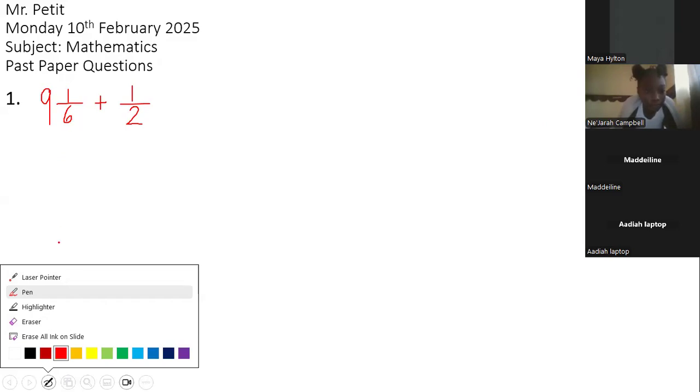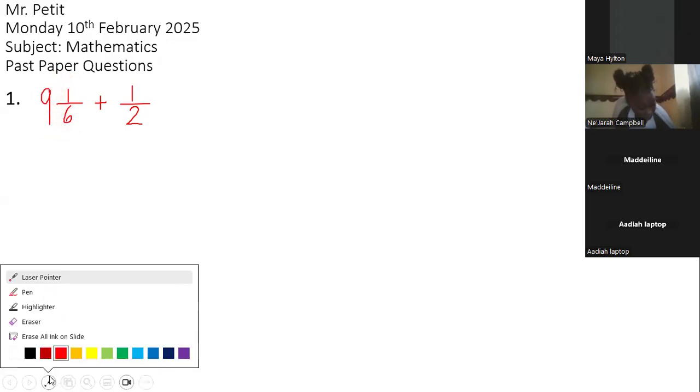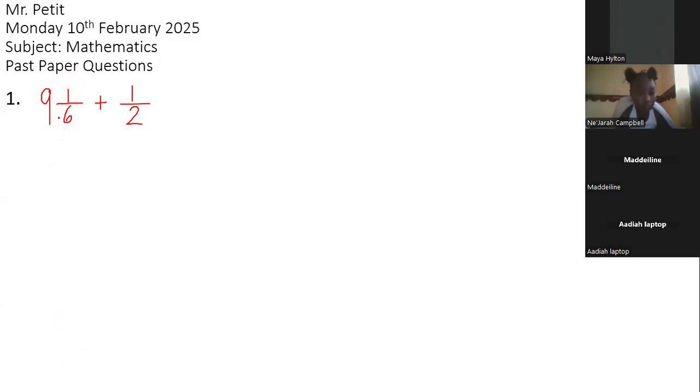Very good. So the first thing we're going to do is take this mixed number and change it into an improper fraction. How do we do that? We multiply 9 times 6 and add the 1.